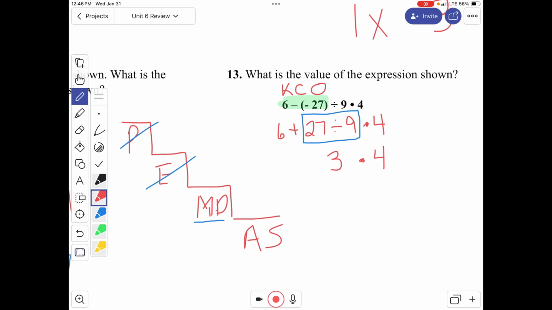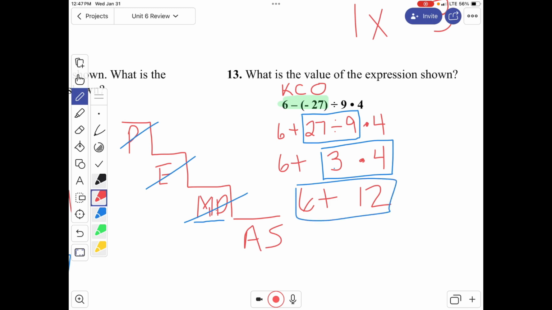And then I bring everything else down. Then I want to do the multiplication part. 3 times 4 is 12. Now I'm finished with all the multiplication and division, and I can move on to adding. 6 plus 12 makes 18.